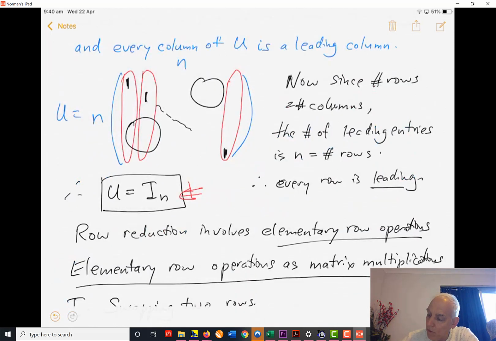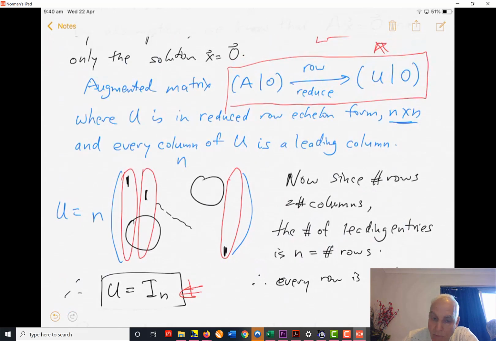And so what we're now observing is that this process of row reducing A is affected by multiplying on the left repeatedly by different elementary matrices, exactly of the three kinds that I've just outlined. And crucially, each one of those is invertible.